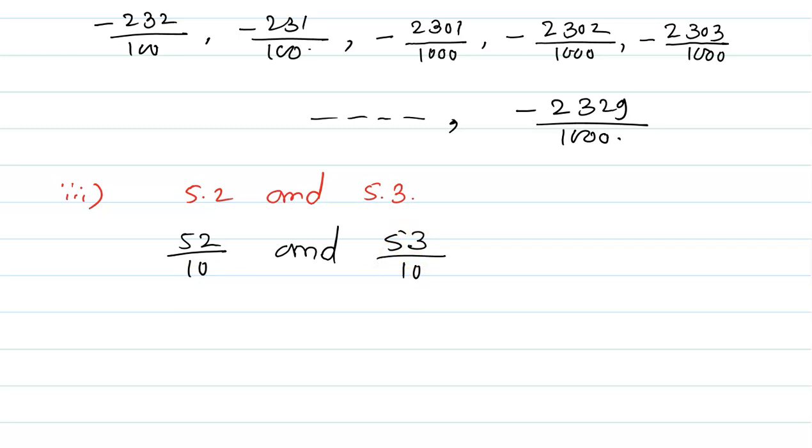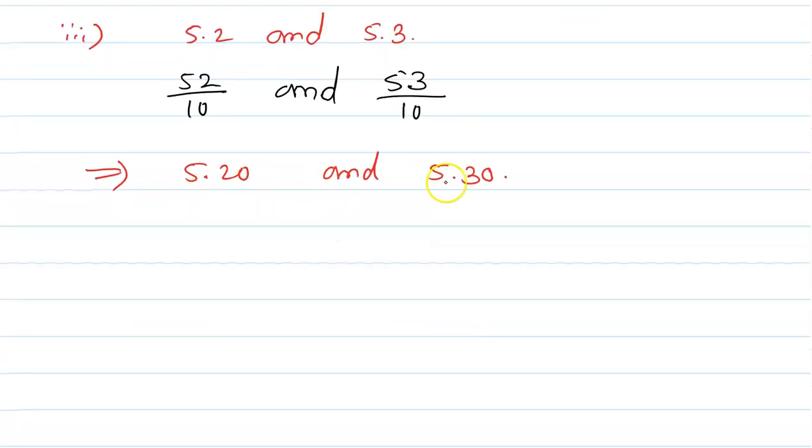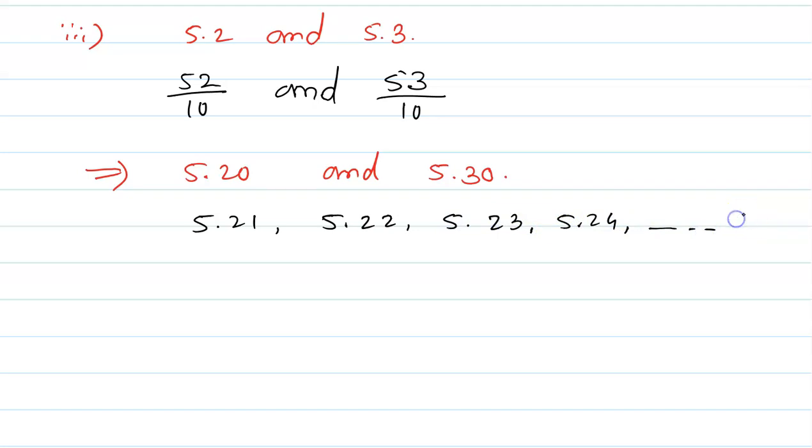But we can now write 5.2 as 5.20 and 5.3 as 5.30. So which decimals lie in between 5.20 and 5.30? We may have 5.21, 5.22, 5.23, 5.24 and so on up to 5.29.